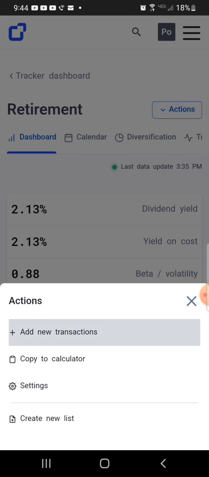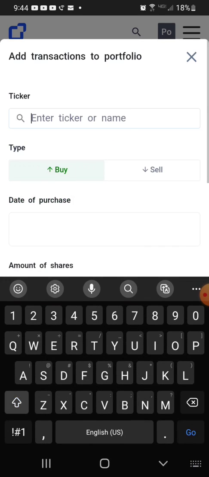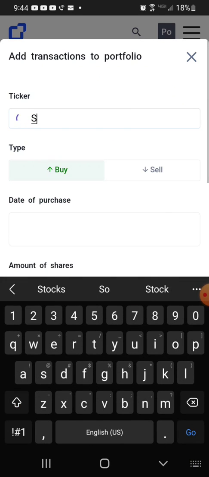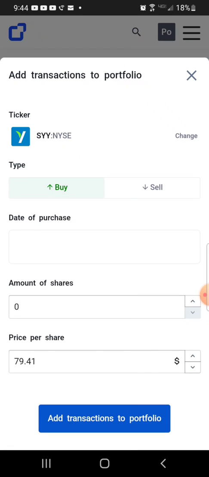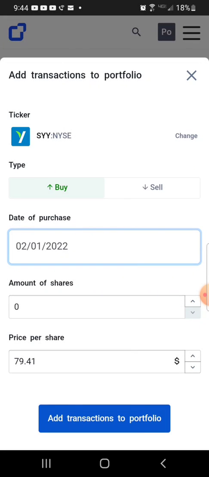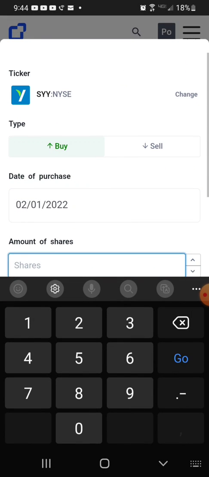We're going to go add transactions. This time we're going to go with Cisco. Cisco is a great company, and I feel like they go hand in hand with Coca-Cola. We're going to use today's purchase date, because they deliver food.